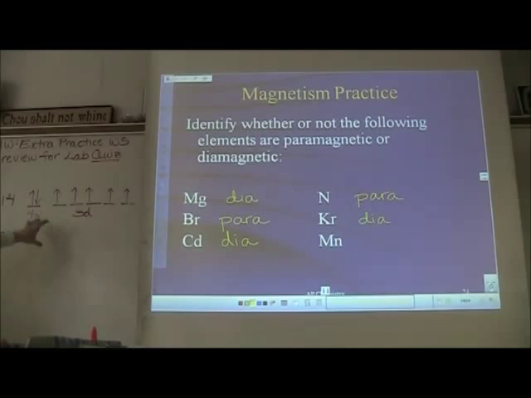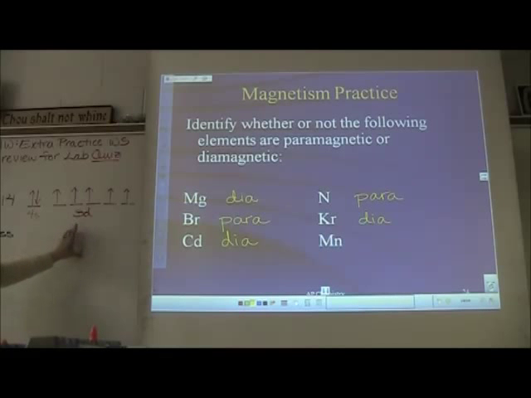Ladies and gentlemen, I chose manganese for a very specific reason. How many valence electrons does manganese have? 2. And they're paired up, right? So is this a diamagnetic element? But these are core electrons. Doesn't matter. I'm trying to trick you.